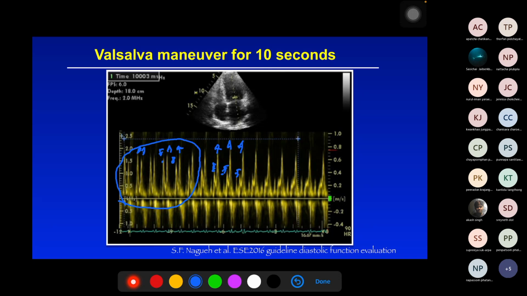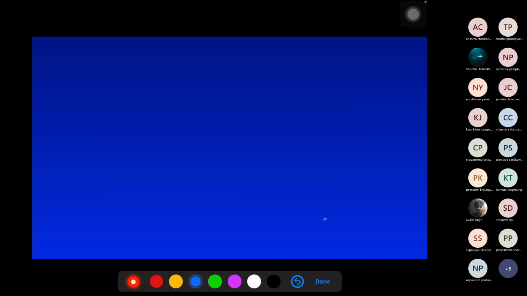After the patient performs the Valsalva maneuver, we use the second phase of the Valsalva maneuver to differentiate between grade 2 pseudo-normalization and normal, and also to differentiate between grade 4 and grade 3 diastolic dysfunction.